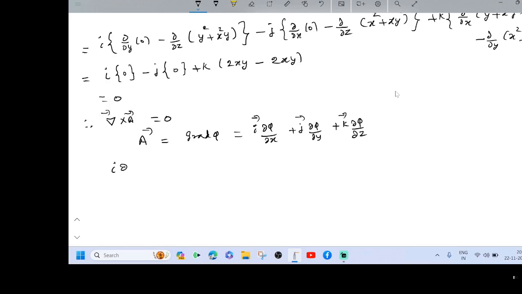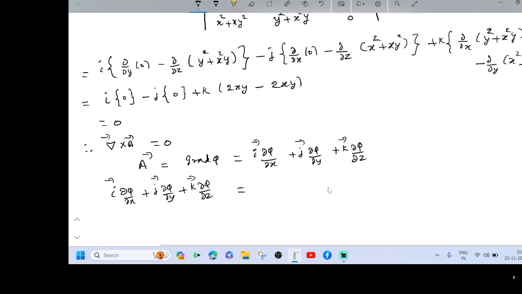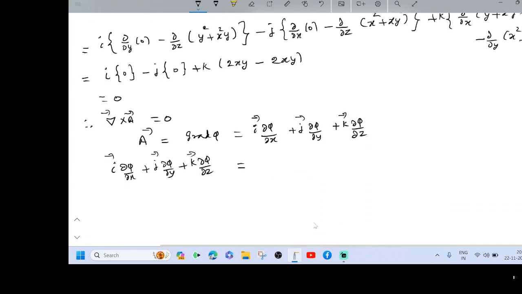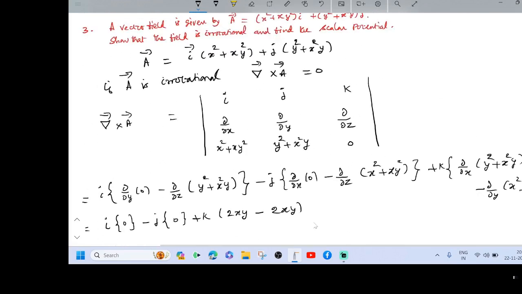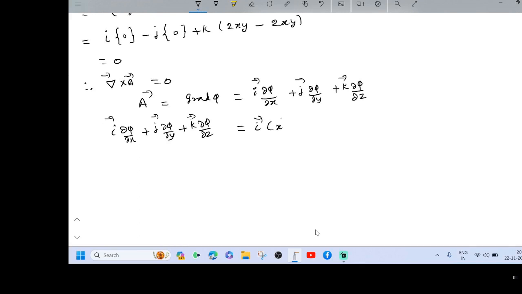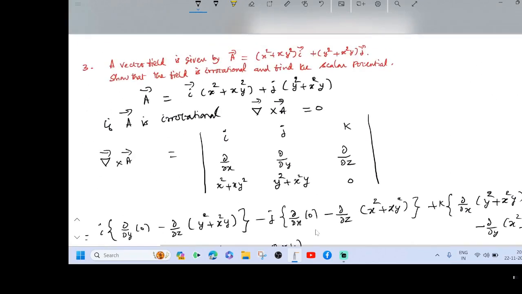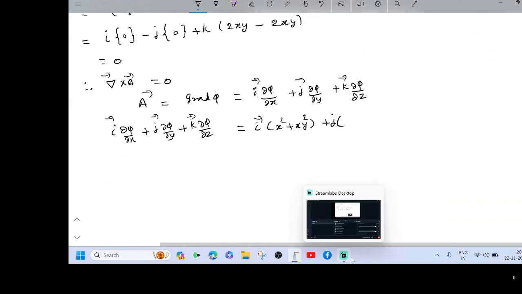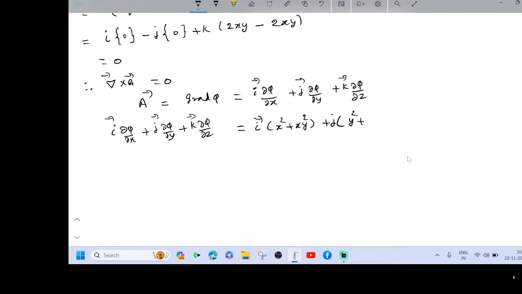Now we can write i into ∂φ/∂x plus j into ∂φ/∂y plus k into ∂φ/∂z, which is equal to the value of A, which is i into (x² plus xy²) plus j into (y² plus x²y).